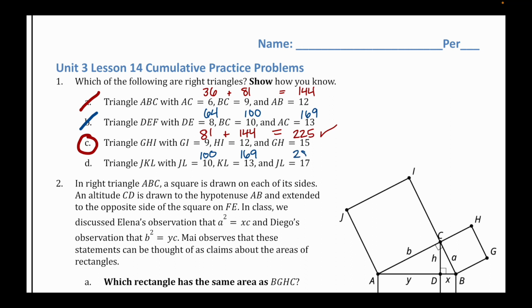That is 289. So we're going to check. No, because I can already see if I'm just adding 100 to this, I'm going to have 269, not 289. So this is not equal, just like this one was not equal, and the first one was definitely not equal. So there is only one correct answer for this, and that is C.